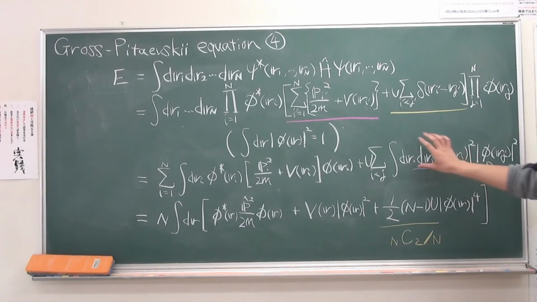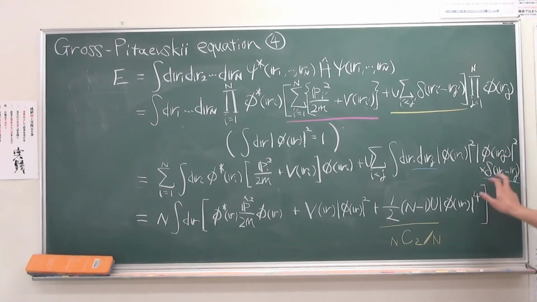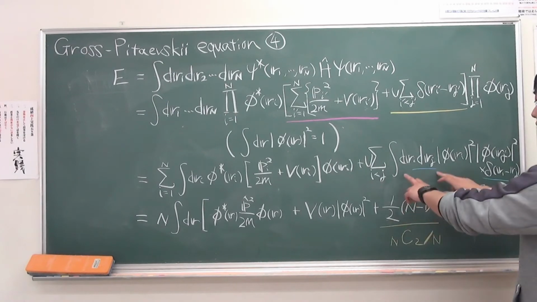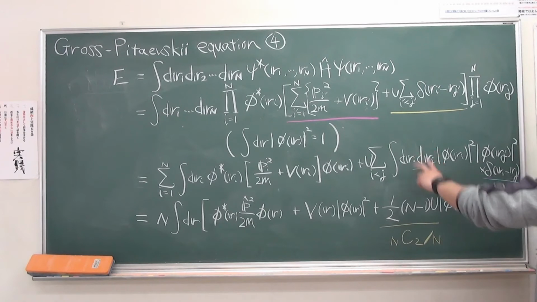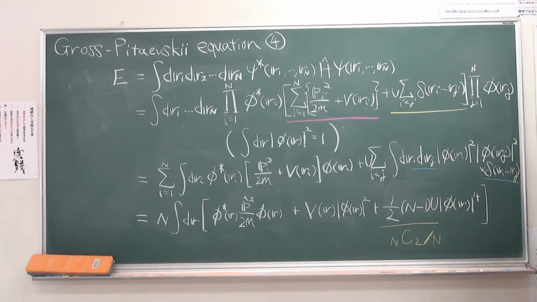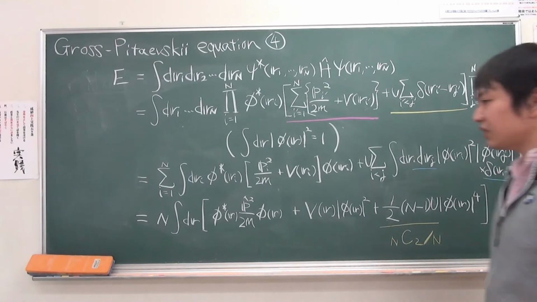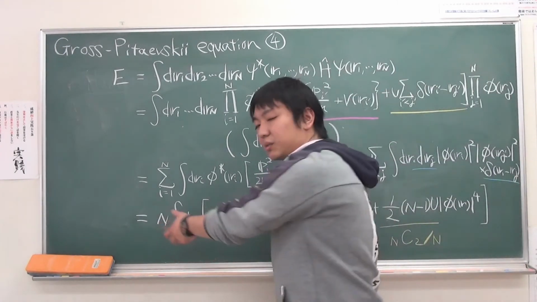Then this second term can be written like this: the phi Ri squared and the phi Rj squared times the delta function. Now the integration is twice, but one of them can be performed by using the delta function. Then Ri should be equal to Rj. So finally we obtain this expression.